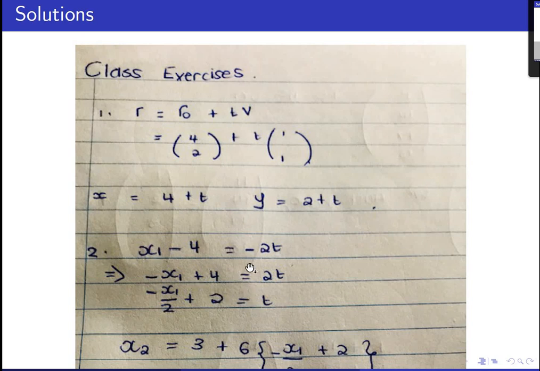Once I solve the first component for t, I need to substitute this t into the second component, which means, if you recall, x2 was 3 plus 6t. Now I have x2 equals 3 plus 6t. Remember, t was given as negative x1 over 2 plus 2.